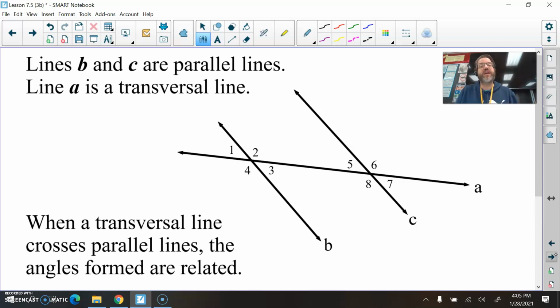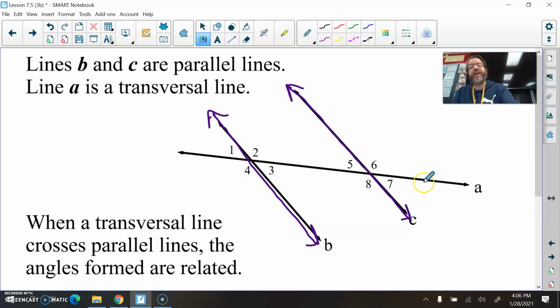Lines B and C are parallel lines. Here's line B right here. Here's line C right here. They are parallel. And you can see looking at this figure how they are the same distance apart at every point. They would never, ever intersect if you continued drawing those lines forever.